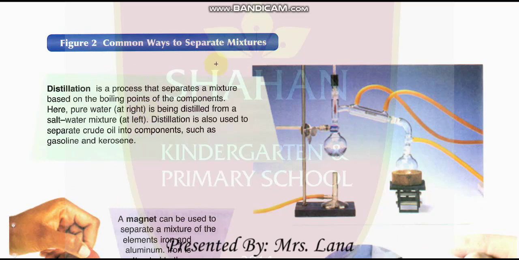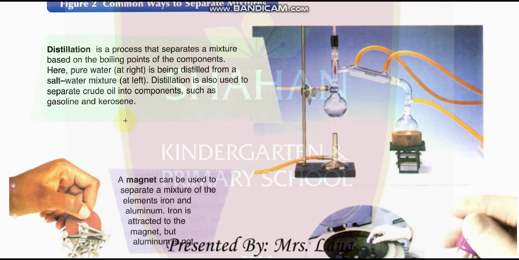And figure number 2, common ways to separate mixtures, okay? If we separate mixtures, we have some common ways that are used. Number one, distillation is a process that separates mixtures based on the boiling points of the components.